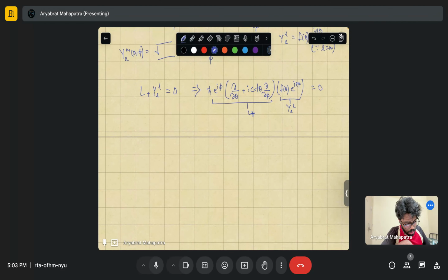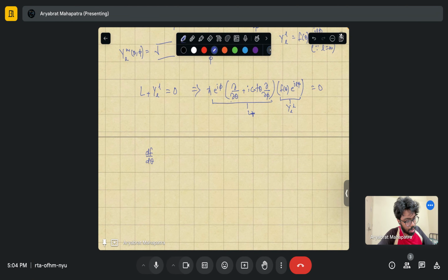Since f of theta is explicitly only a function of theta, there is no phi in it. So when the derivative operator del by del theta acts on f of theta, I can simply write it as df by d theta, an ordinary derivative instead of a partial derivative.